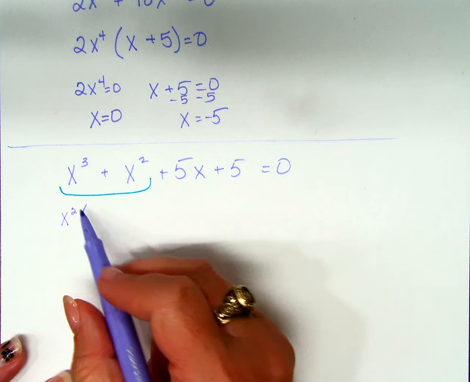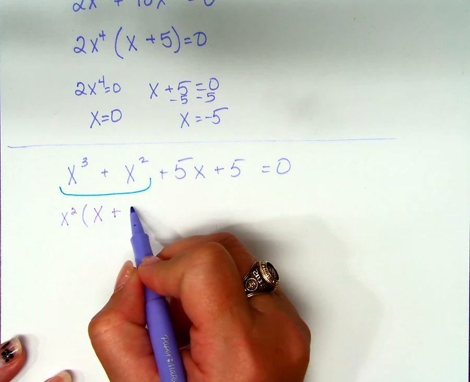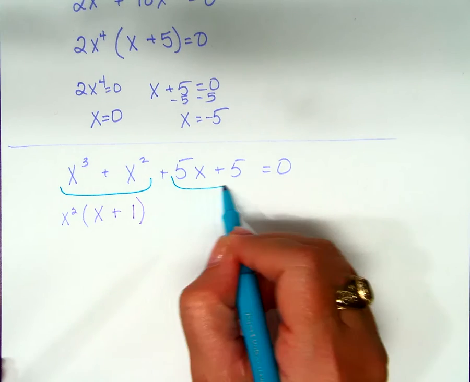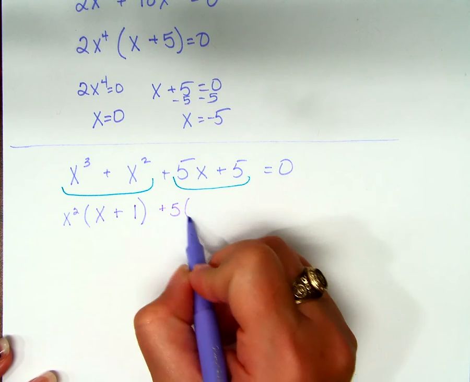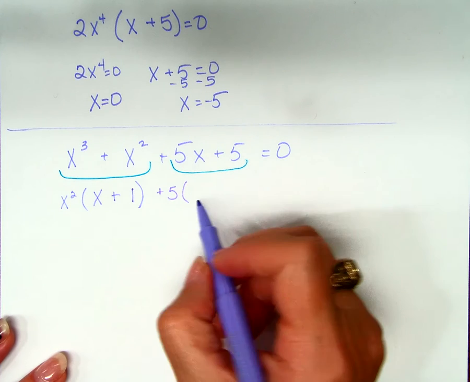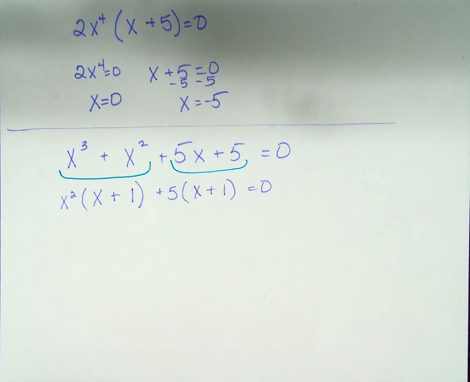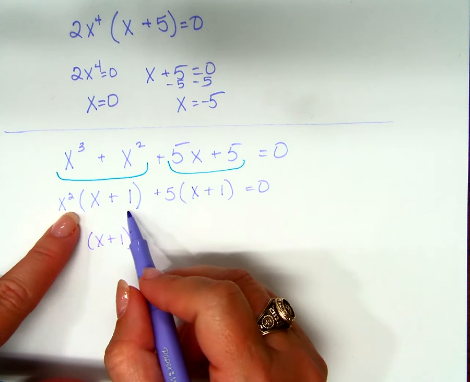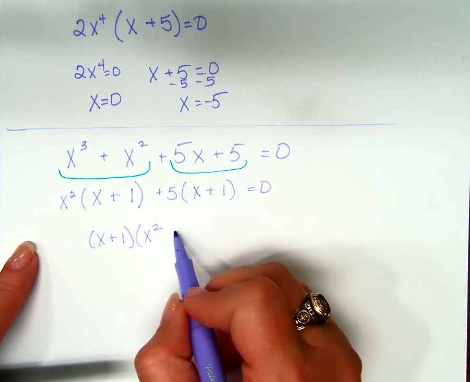What's left if I factor out an x squared from just those 2 terms? X plus 1, right? Now group these 2 terms. What's common in those 2 terms? 5. What's left when I divide out a 5 from each term? X plus 1. Now, do they both have a common factor? What is it? X plus 1. If I factor out an x plus 1 from each term, what's left here? X squared. What's left here? Plus 5.